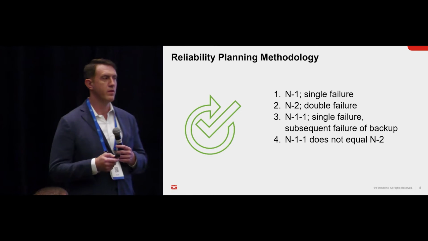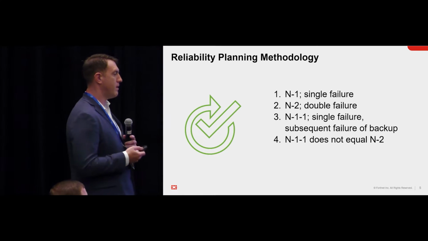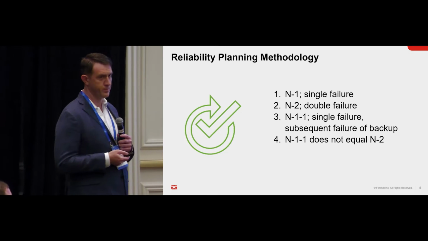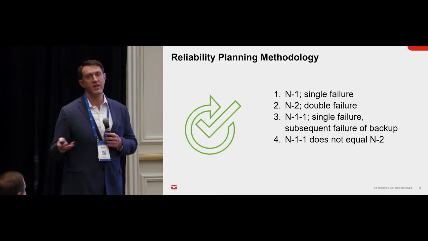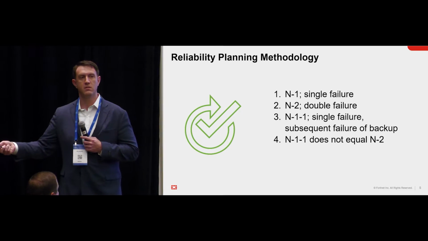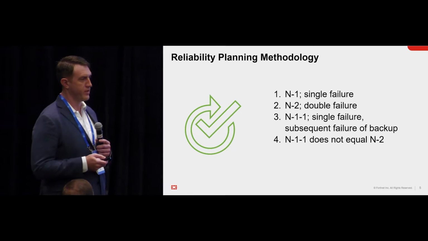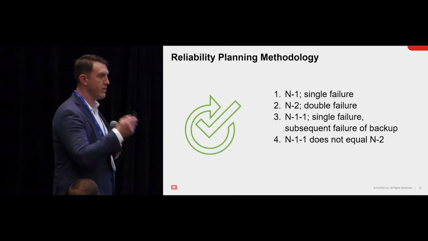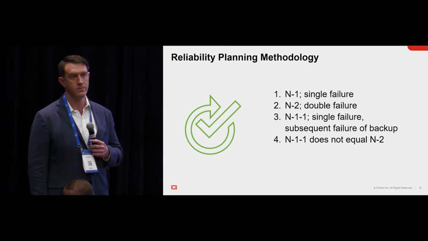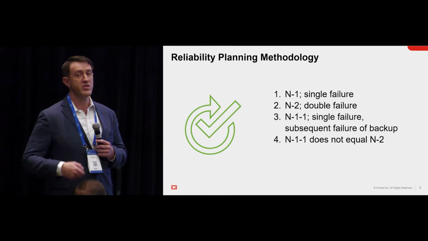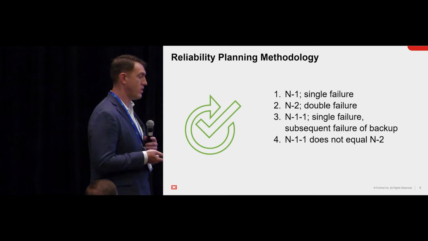And so what are those N-1 or N-2 contingencies? We look at every device, every single device within the electrical grid. And we say, what would happen if that failed? Okay. This is the kind of engineering that you can do, right?